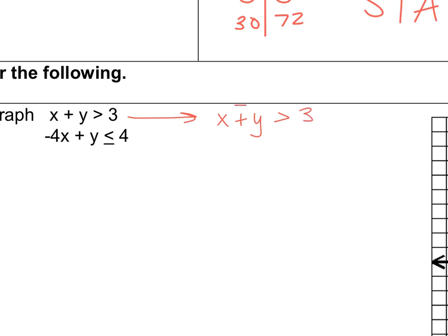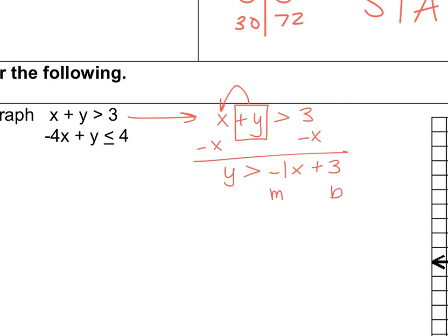I want slope-intercept form, so I want y to be isolated. That means I've got to deal with that x and subtract x on both sides. So then I get y is greater than negative 1x plus 3. That gives me my slope and my y-intercept, but I've got to talk about that sign. So I'm going to test a point to make sure I know which way to shade.